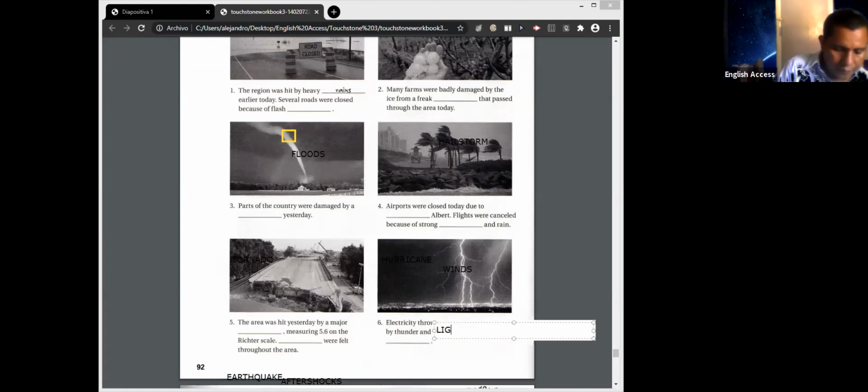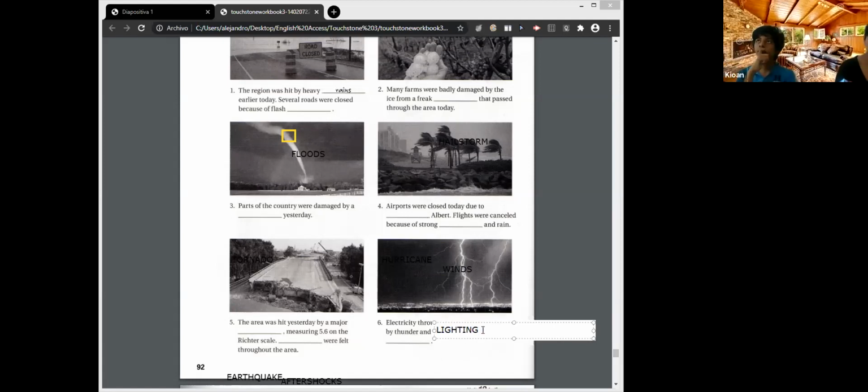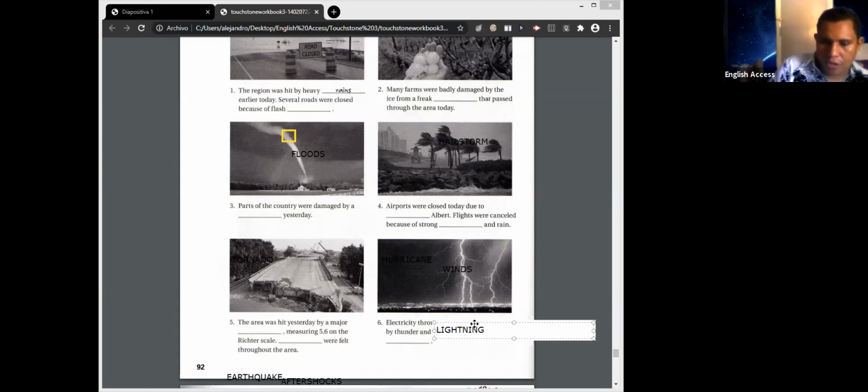Exactly. Lightning. Yeah, and thunderstorm. Very good.